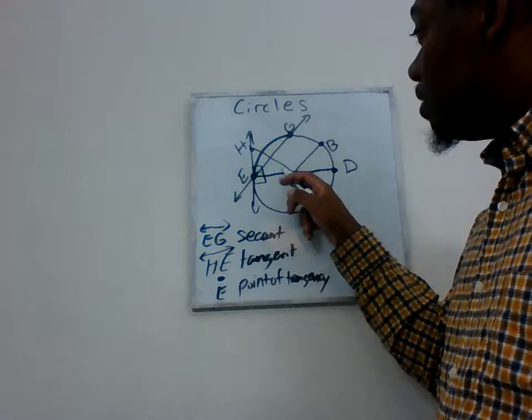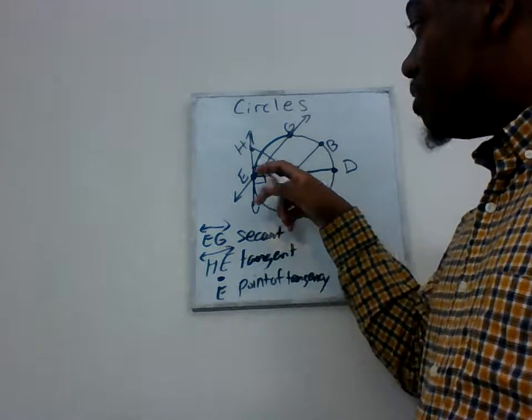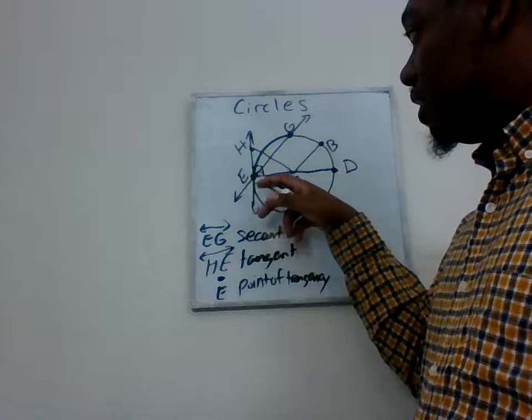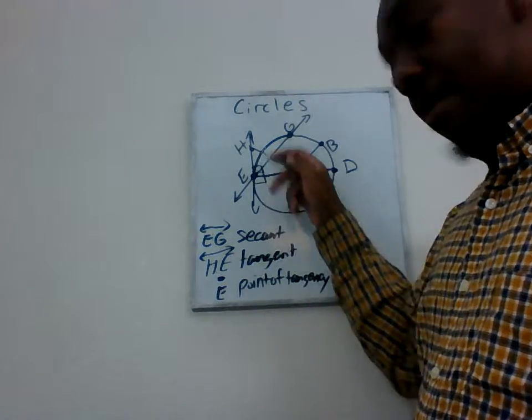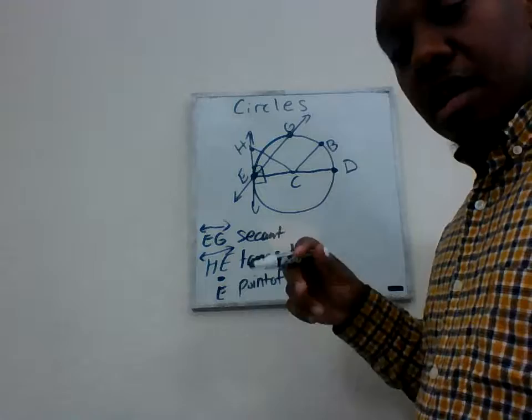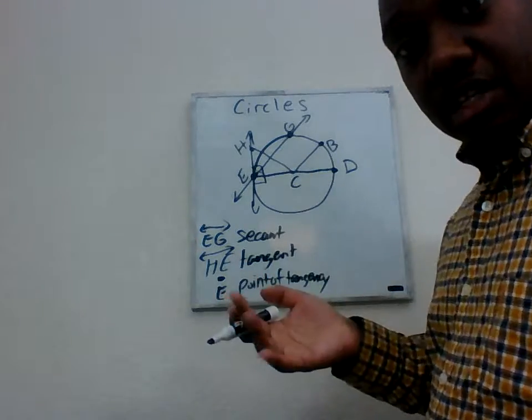Therefore, the tangent of this angle will be equal to this length divided by the radius, or the tangent of this angle will be the radius divided by that length. Because there's a tangent involved, they call that tangent.